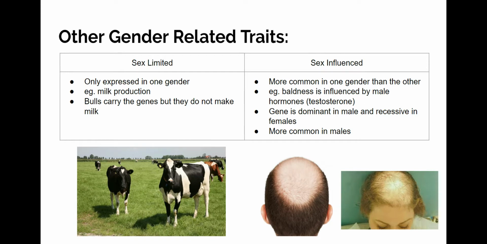Bulls carry the gene, but they don't actually make the milk. Male pattern baldness is influenced by the testosterone that's in the body. Females have testosterone. They need the recessive genes to make it happen, but females can suffer from baldness. It is not as common in females as it is in males. So that's just an example of how sex linkage can actually be broken into a variety of different topics. We're not going to get into these. This is just showing you the differences.